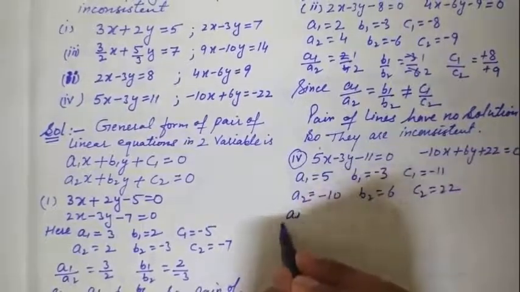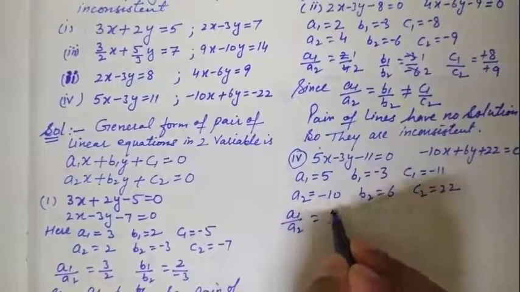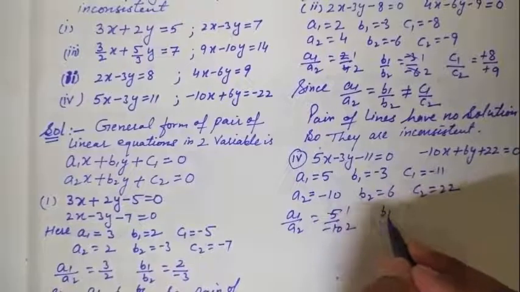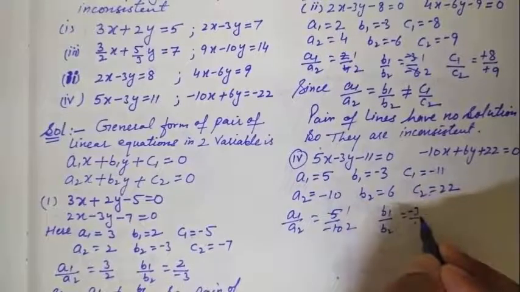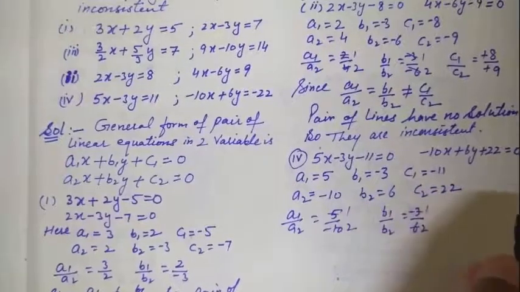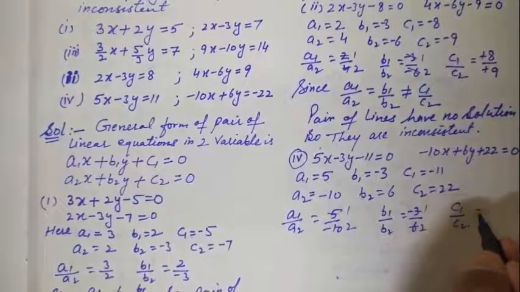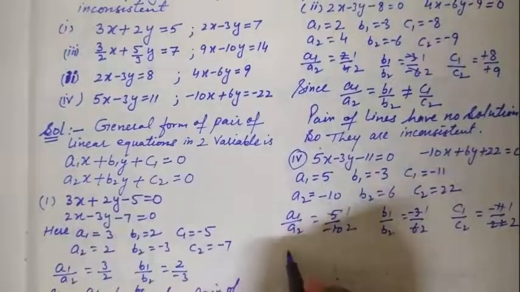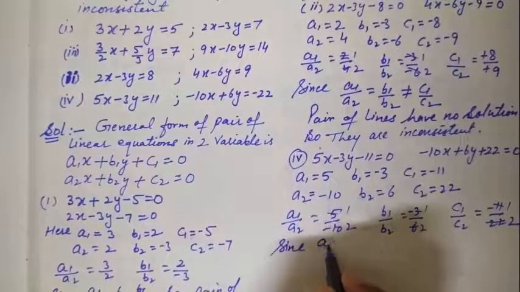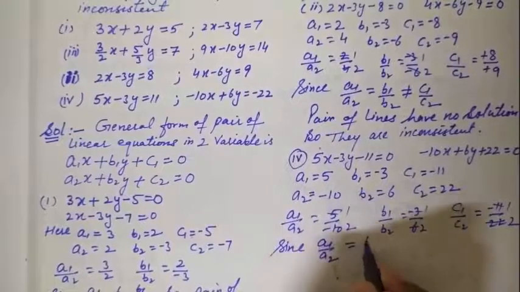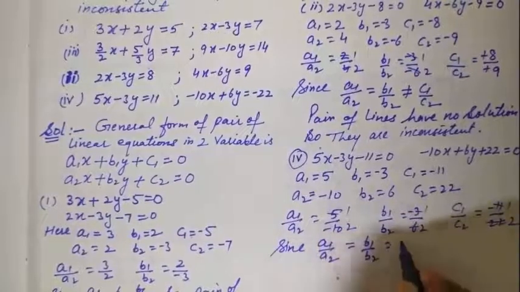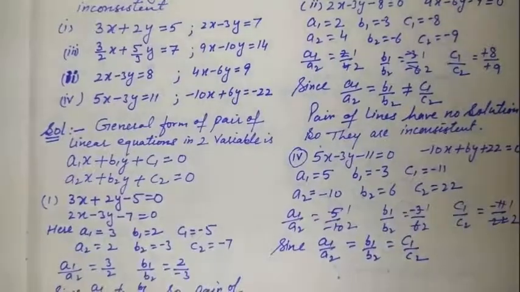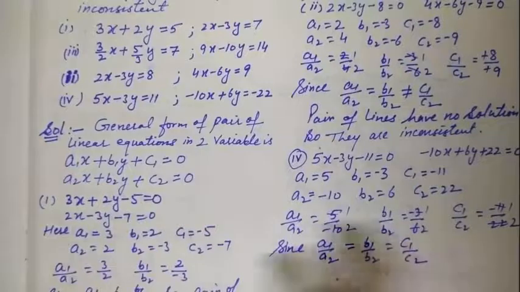If you find a1 over a2, it will be 5 over minus 10, that is minus 1 by 2. b1 over b2 is minus 3 over 6, that is also minus 1 by 2. c1 over c2 is also minus 1 by 2. So we write: since a1 over a2 is equal to b1 over b2 is equal to c1 over c2, this pair of lines is coincident and will have many solutions.